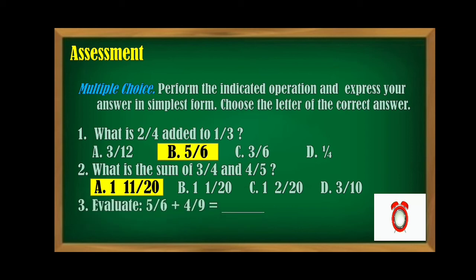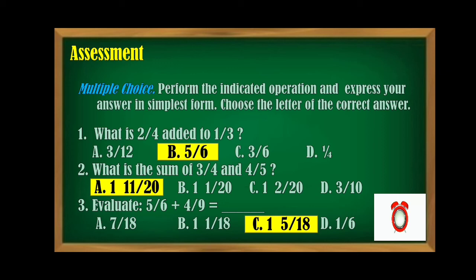How about number 3? Evaluate 5/6 plus 4/9. Is it A, 7/18, B, 1 and 1/18, C, 1 and 5/18, or D, 1/6? The correct answer is letter C, 1 and 5/18.